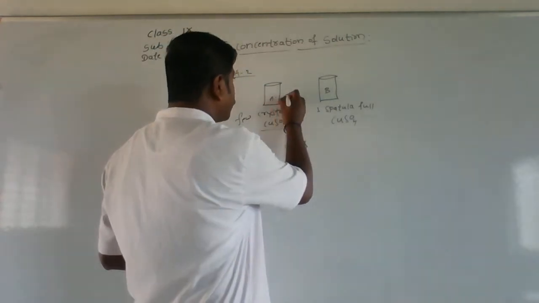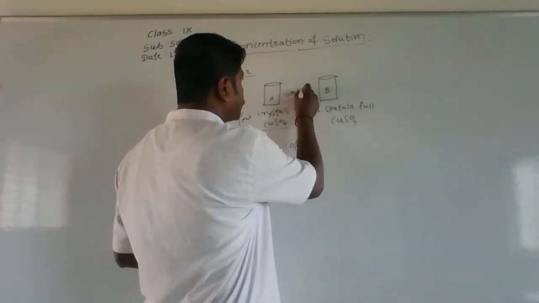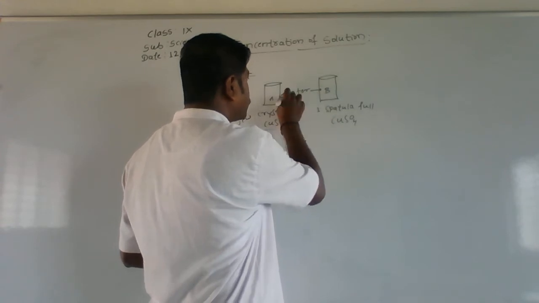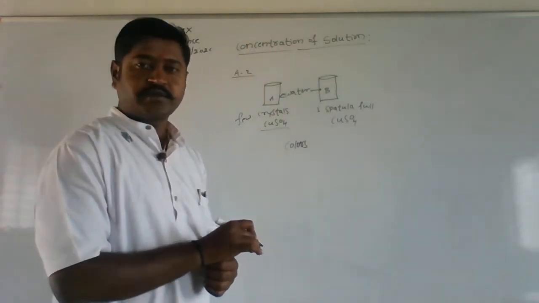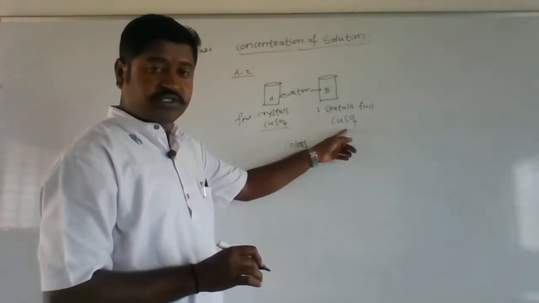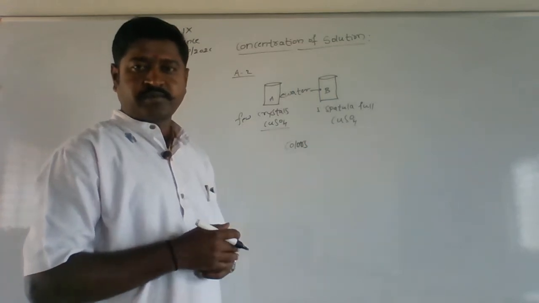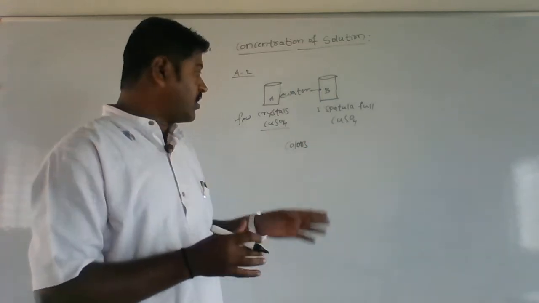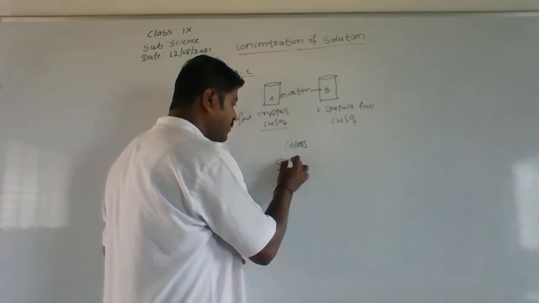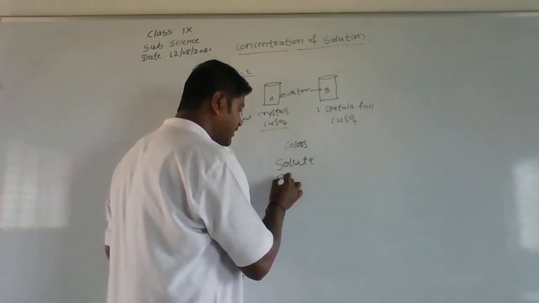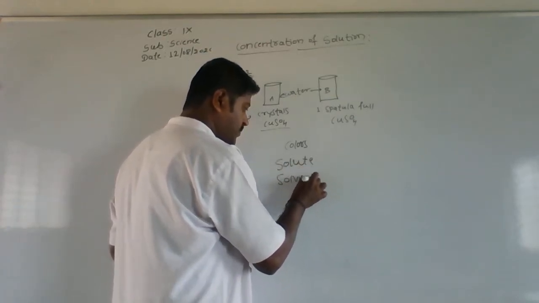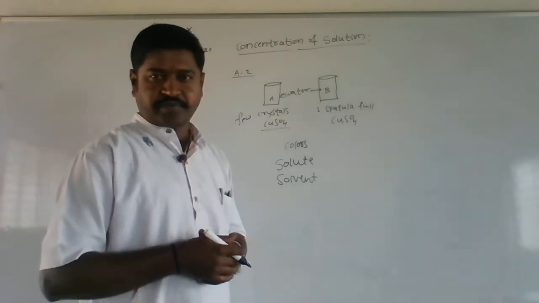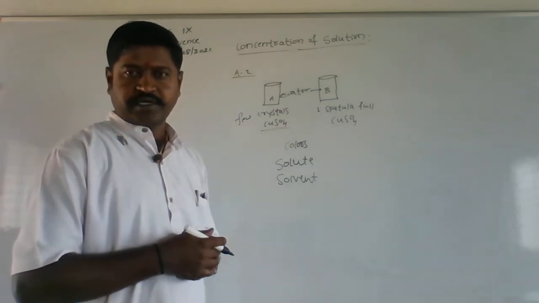It is the water. Water is the solvent and this copper sulfate is the solute here. So the proportion of solute and solvent can be varied, can be changed, right?